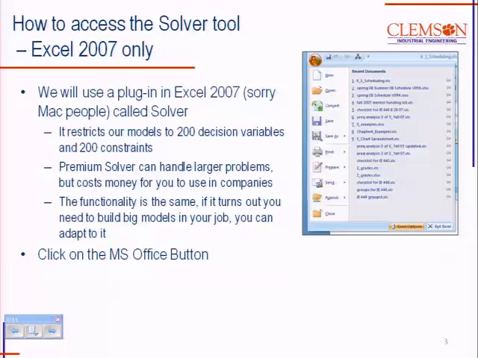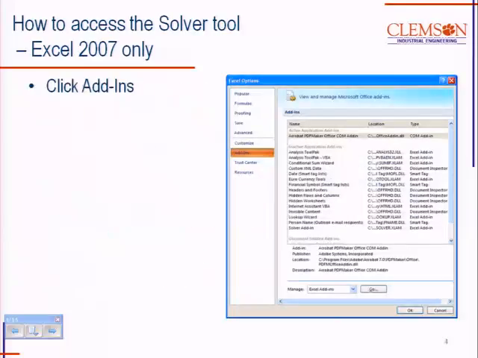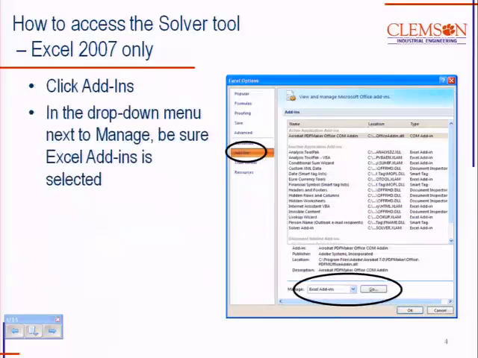For 2007, you'll want to go up to the Office button, click on Excel Options, and that will bring you to this next screen. And from here on the Excel Options, you want to select Add-ins for the Excel add-ins. Then on this drop-down button, make sure it says Excel add-ins down here, and then click Go.